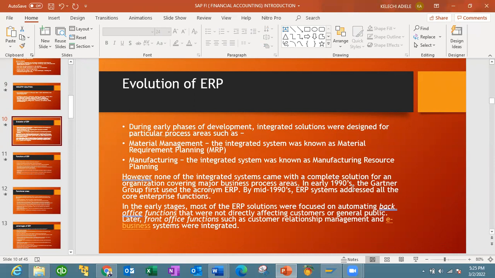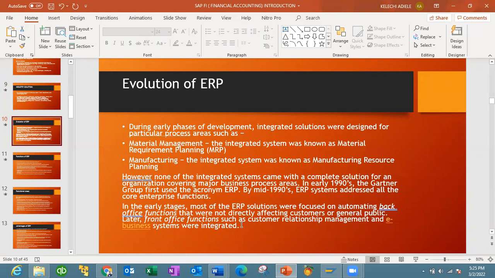In the early 1990s, the Gartner Group first used the acronym ERP, meaning bringing all those individual units into one system. In the mid-90s, ERP systems addressed all the core enterprise functions. In the early stages, most ERP solutions were focused on automating back office functions that were not directly affecting customers and the general public.